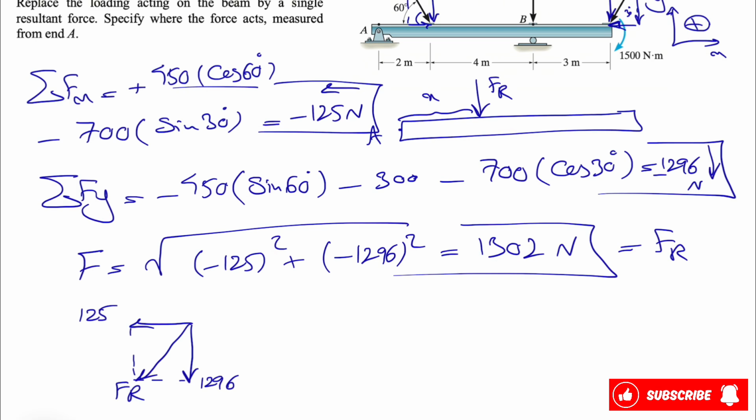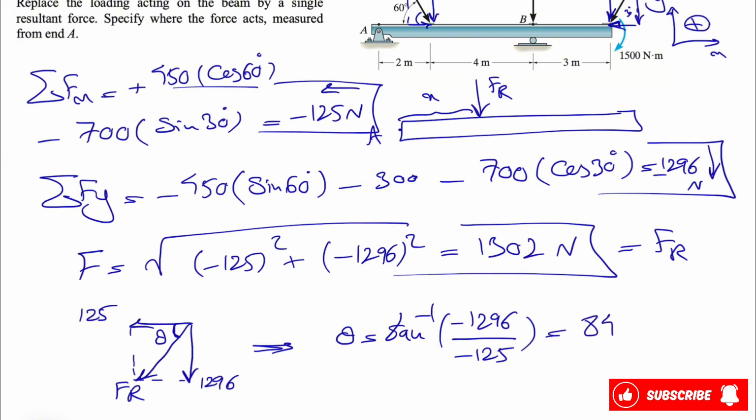If we want to find this angle, let's call it theta, we'll see that theta will be tangent inverse of the y component, which is minus 1296 over minus 125, and this would give us 84.5 degrees.